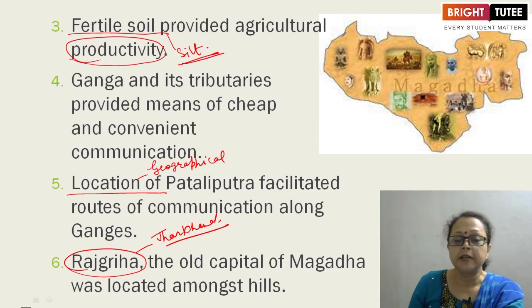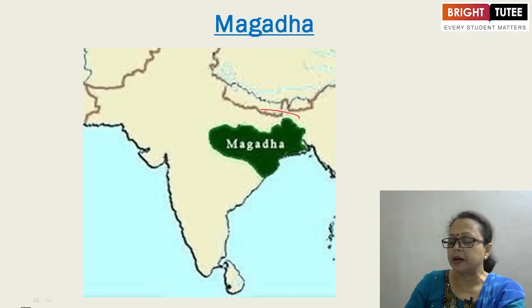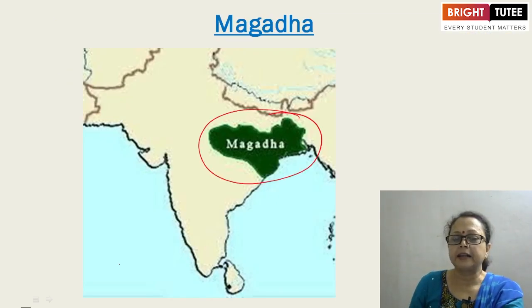Rajgriha was kept as the capital city of Magad, located amongst the hills. Magad covered Bihar, Jharkhand, and some parts of present-day West Bengal, Odisha, and a little bit of Chhattisgarh. So this is all about the location of Magad, and its capital city was Rajgriha.